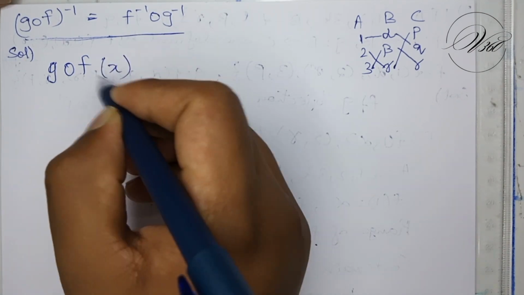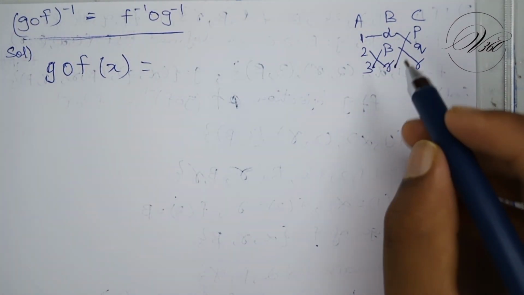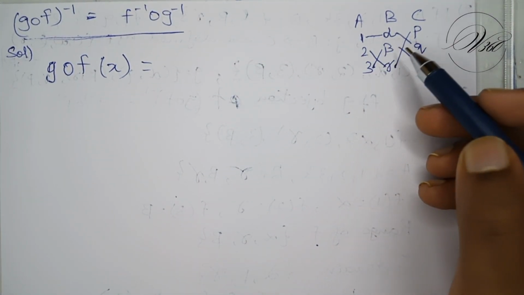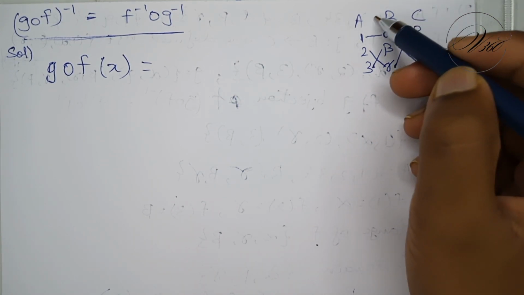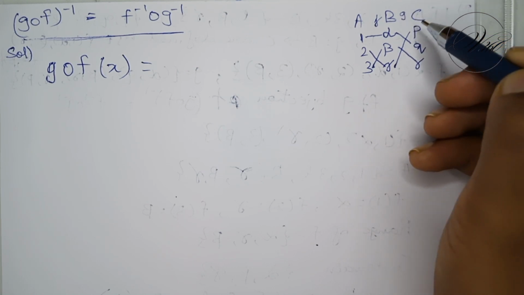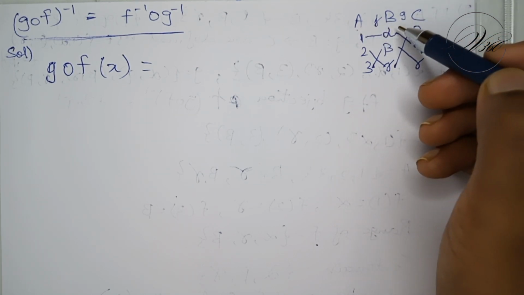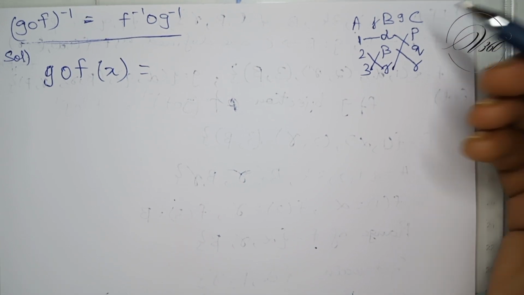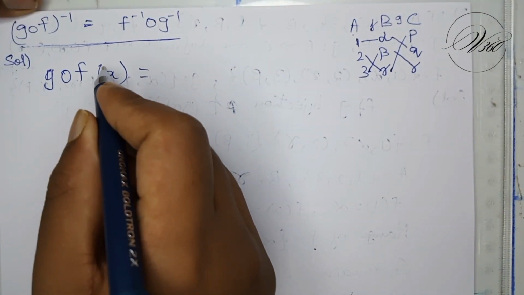Now G of F of x is equal to, directly from G... that is this is F, no, and this is G to F. To find G of F we should directly do, wait, now I got it, there is no x here.